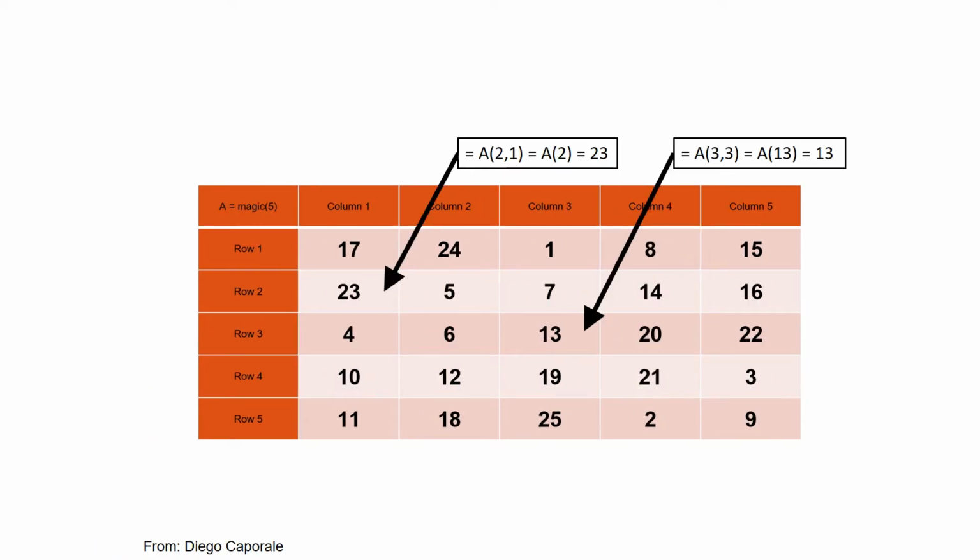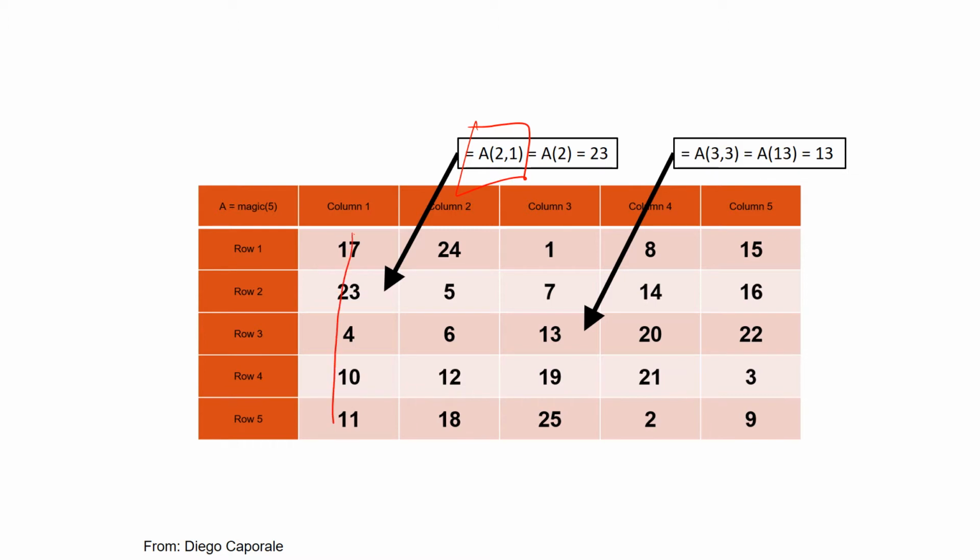So to give you an example of what that looks like, if we had this matrix right here, you could index into it using this notation, where you put the index you want in parentheses. And here we're looking at the second row, first column, and that leads us to 23. We can also index using this unwrapping method where MATLAB will go down each of the columns in sequence.